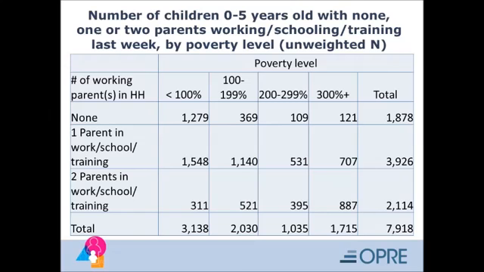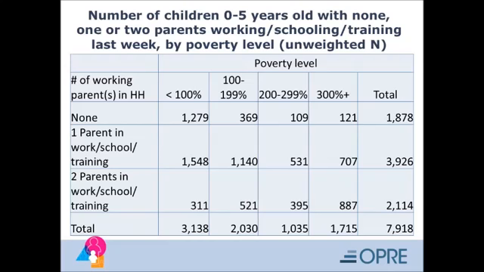So, for example, in our sample, if you restrict to the number of children who are between 0 and 60 months old, who have exactly one or two parents in the household, we see that there are a total of 7,900 such children, 7,918. And because of the significant oversample of households in low-income areas, you see that 38 of them are living in poverty.